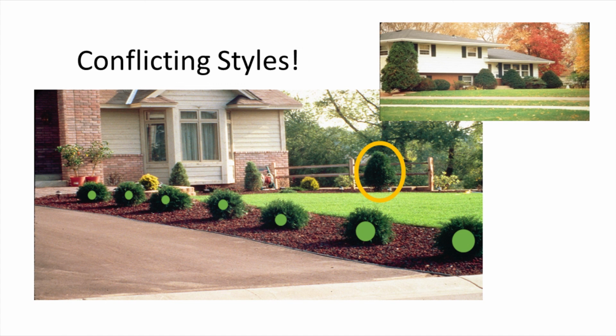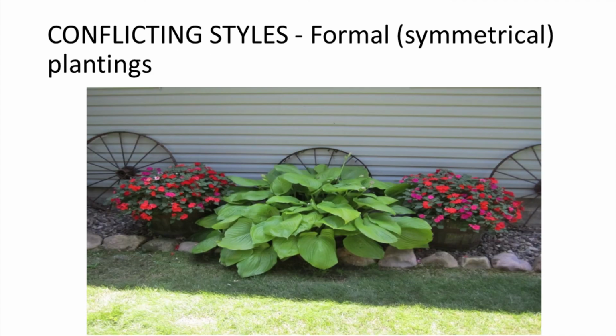The same with the picture in the top right. It's an informal house with a formal planting, a row of evergreens of very geometric shapes. And even though we see this a lot, that doesn't mean that it's good landscape design. This is a cute little picture of a conflicting style, but it's kind of cute and it works all right.